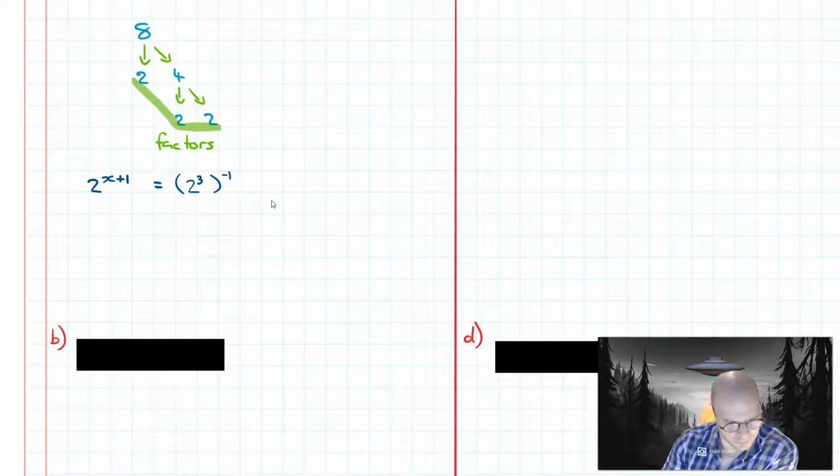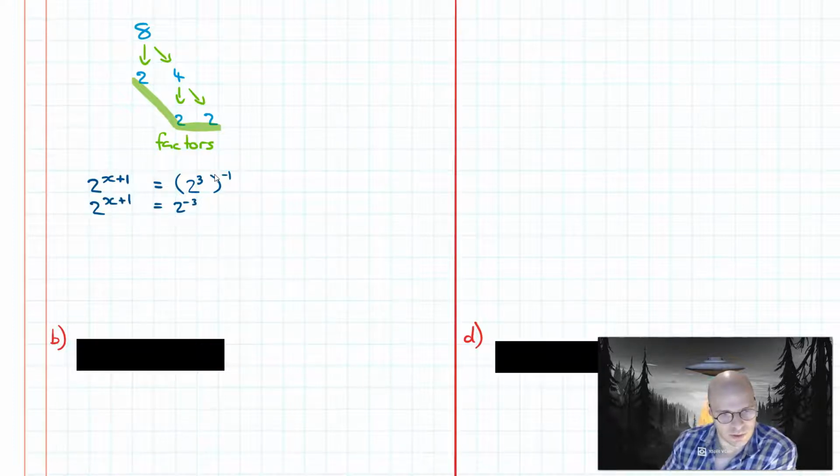Working our way down, we bring the 3 and the -1 together. So we're going to get 2 to the power of -3, and then we still have 2 to the power of x plus 1. Now what we can see is that everything looks similar outside of the exponents.